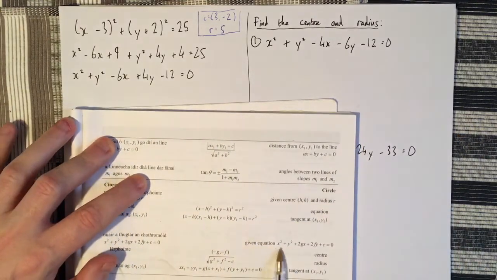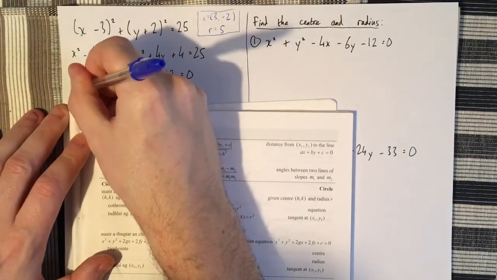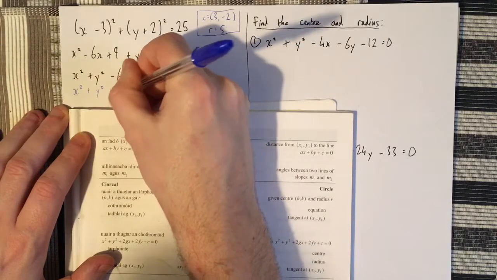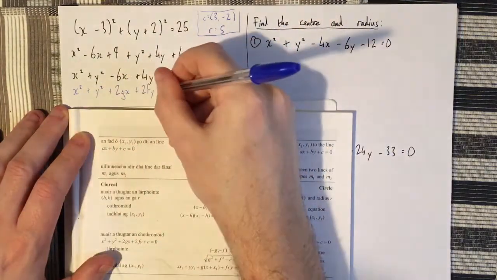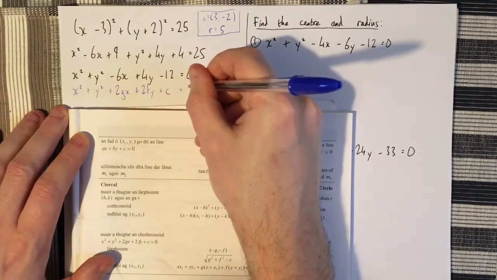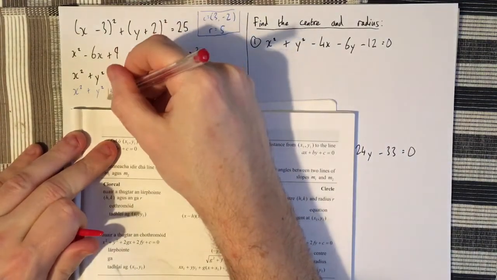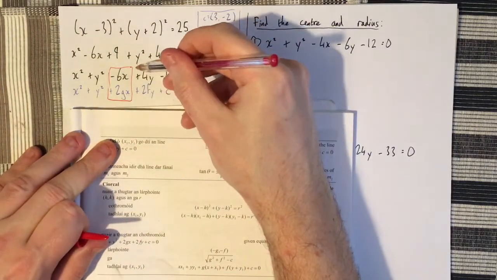So just comparing the form that these are in. The formula is x squared plus y squared plus 2gx plus 2fy plus c is equal to 0. So this is where I'm going to work out my g from, just comparing those terms.